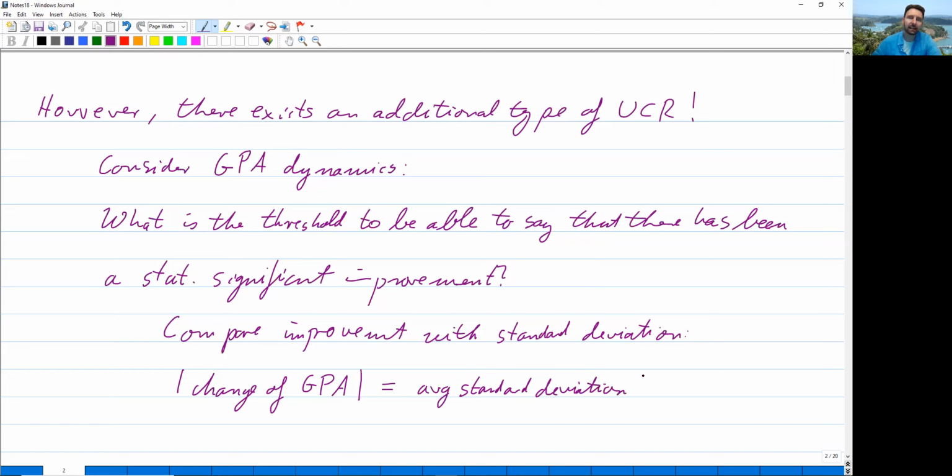I'm not just saying a standard deviation of GPA. I could have just said if the change of GPA is equal to the standard deviation of the GPA, that would be the threshold, right? So that would be a guess, but actually the threshold, to be accurate, the standard deviation of the GPA can change over time too. And so what we need to look at is the average standard deviation during the time period that we are considering.